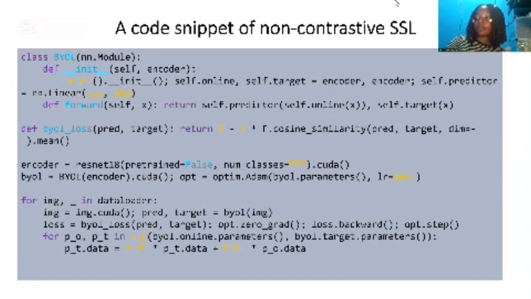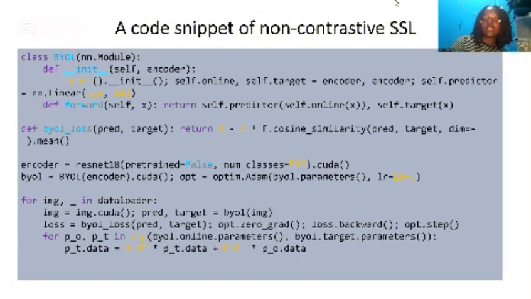If you break it down, there are two networks: self.online and self.target. The self.online network learns representations; it is actively trained to learn these representations.